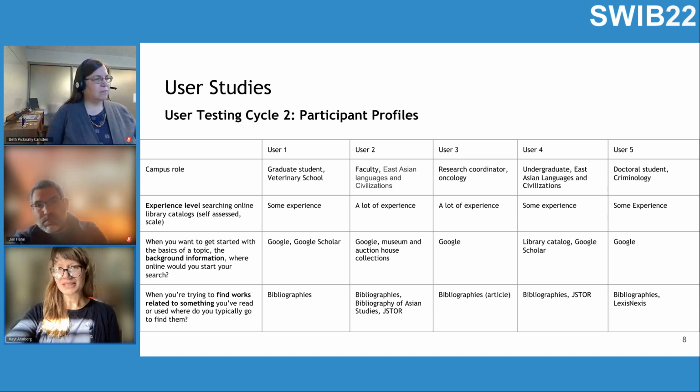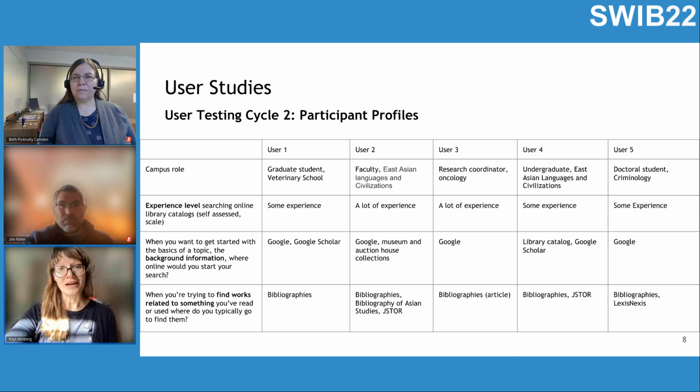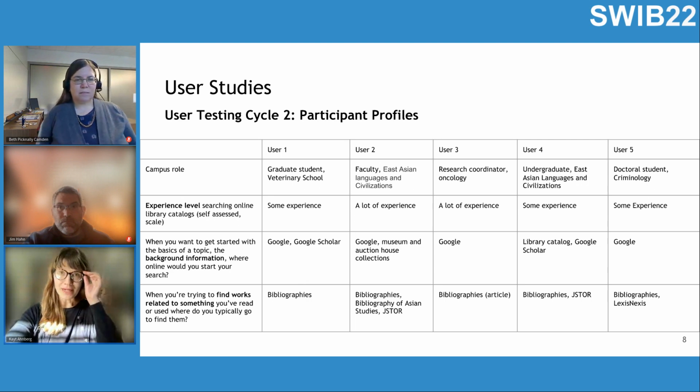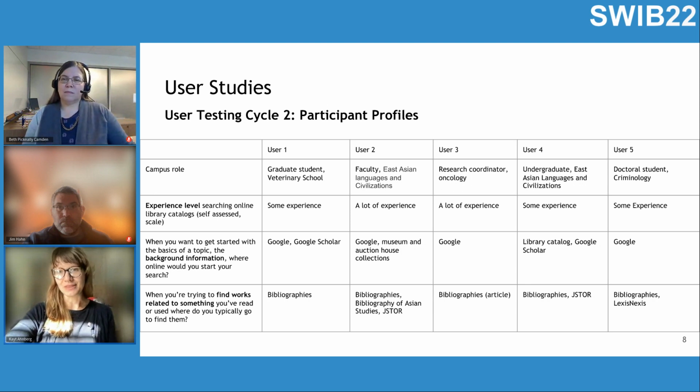We asked related questions, things like self-reported experience searching in online catalogs, and, when you're looking for background information, what's your current methodology for finding both background information and related information? So you can see we have some consistency in terms of mining bibliographies, some JSTOR users, and a lot of Google and Google Scholar.